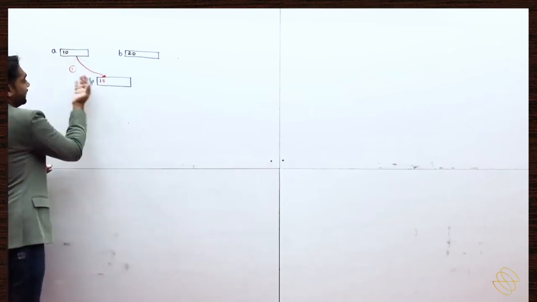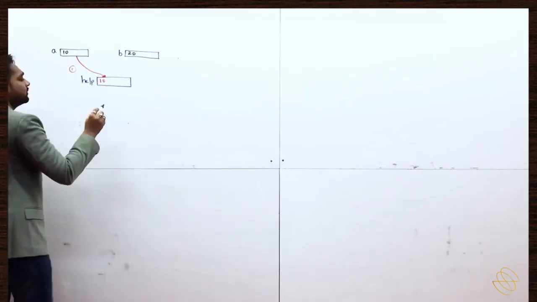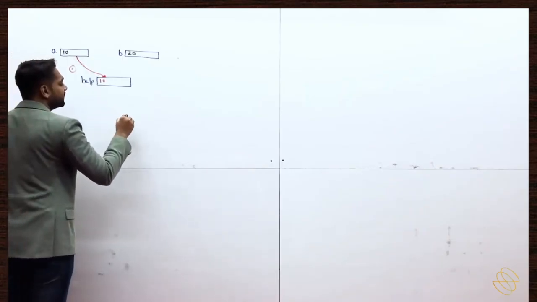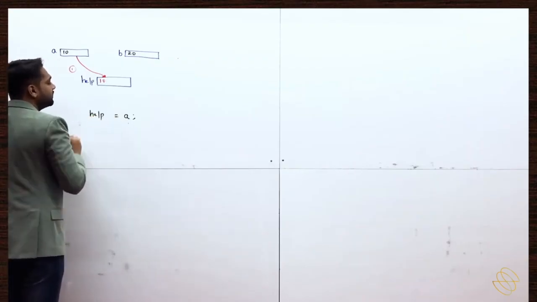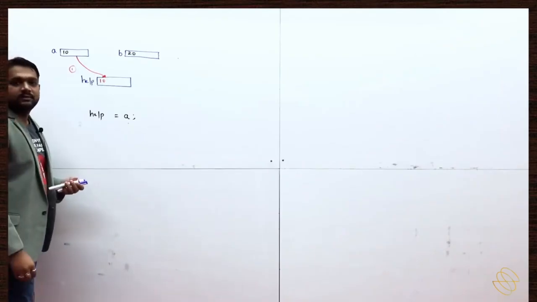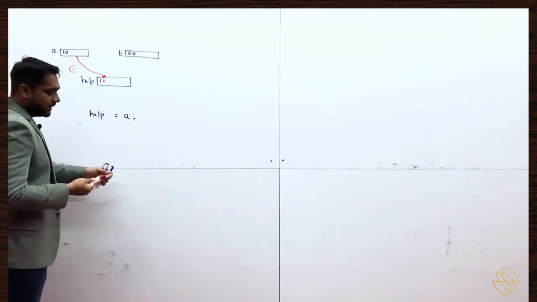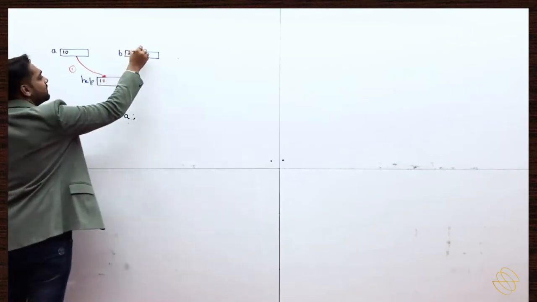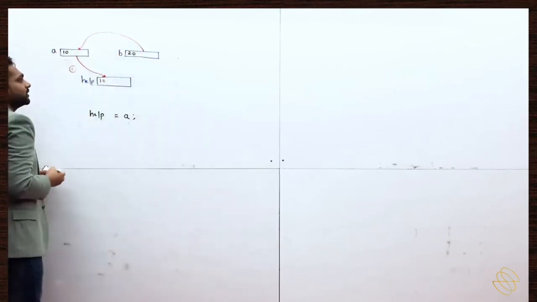Now, whatever I have done pictorially, programmatically I can write like this. Look, whatever is there in the first memory location, take it and give it to the helping memory location. That is what I did. Okay, sir, next what? Moving ahead, whatever is there in the second memory location, take it and give it to the first memory location.